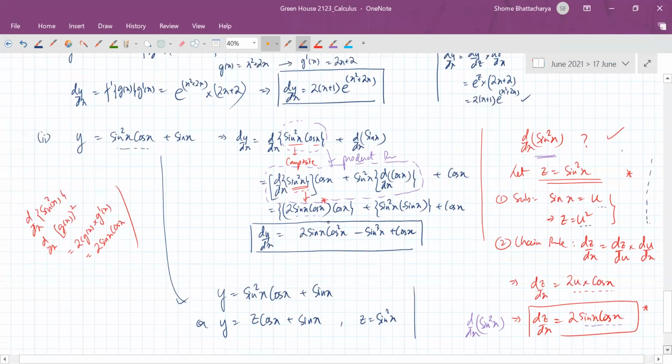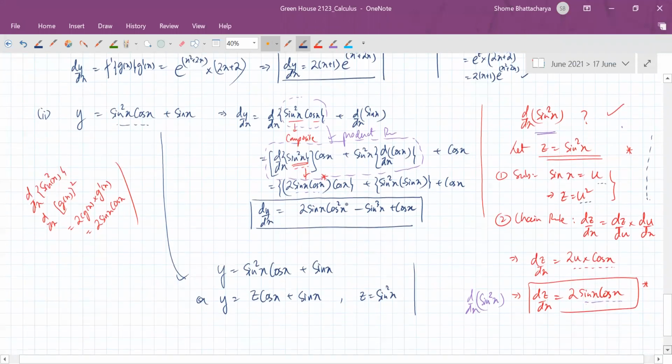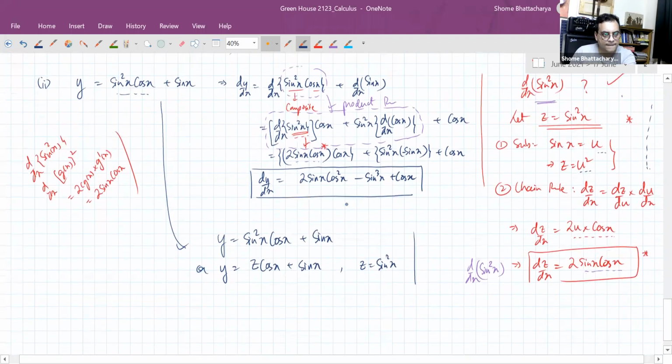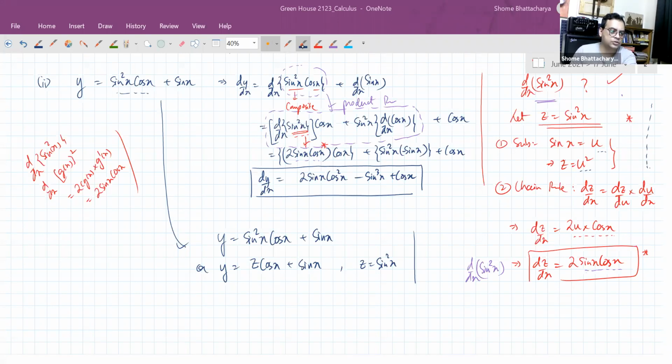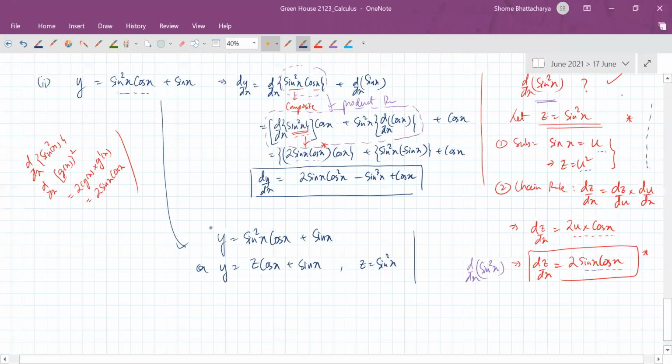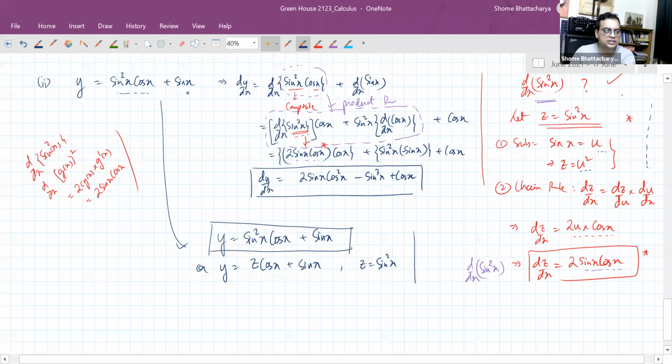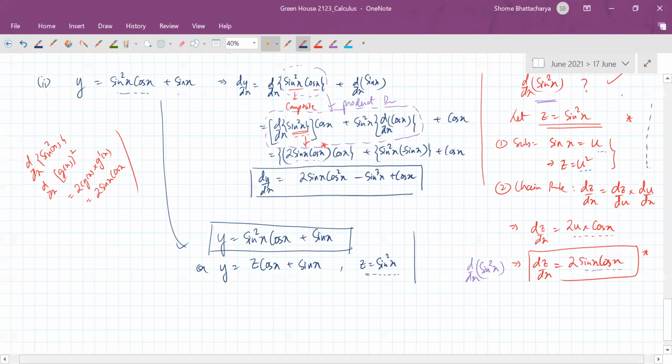Sir, I have a doubt. Yeah, tell me. Sir, I'm not getting the second last step of that chain rule. Okay, I'm explaining this again. See this function once again here. y is equal to sin square x cos x plus sin x. This is our original function. Now in this, I substitute sin square x as z. Got it?